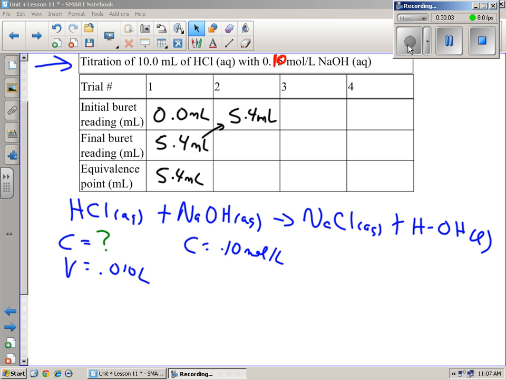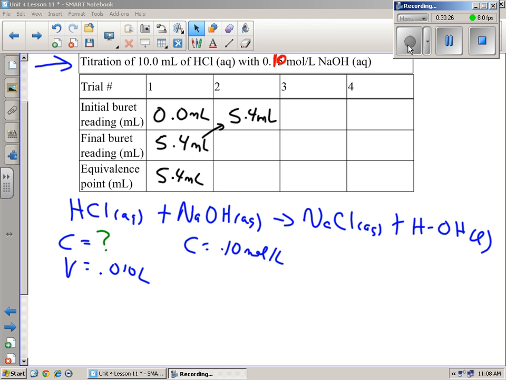Now, the second time you do this, usually it takes you 4 trials, because the first one is a ballpark number. Okay? I'm telling you right now, guys, if you take the first one and try to do it really slowly and very accurately, it's going to take you forever. Look, it's about 5.4 milliliters.